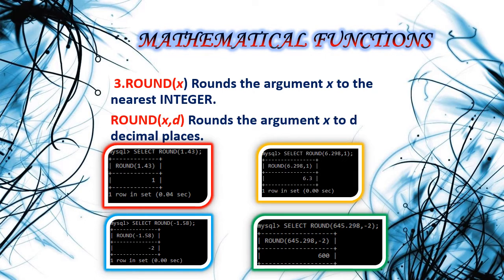In that, you have to look at the tens place, because comma -2 is given. The tens place value is 4, which is below 5, so the ones place is filled with 0, and the answer is 600.